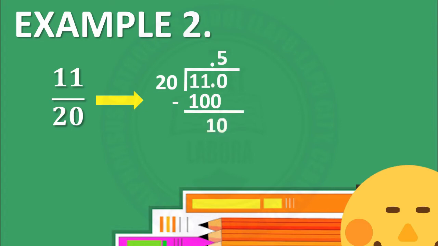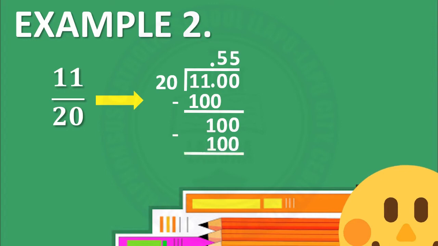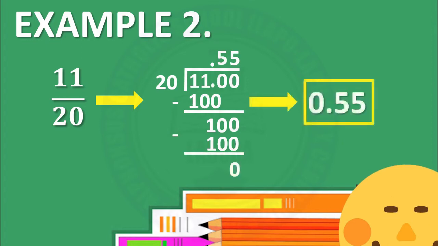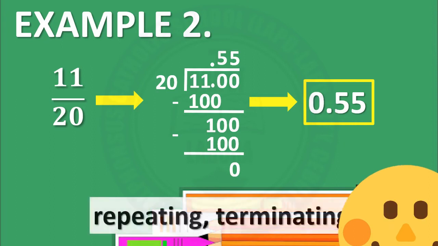We still have a remainder, so we will add 0. We now have 100. And 100 divided by 20 is equal to 5, and 5 times 20 is equal to 100. 100 minus 100 is equal to 0. So that means our quotient would be 0.55. It is a terminating decimal.